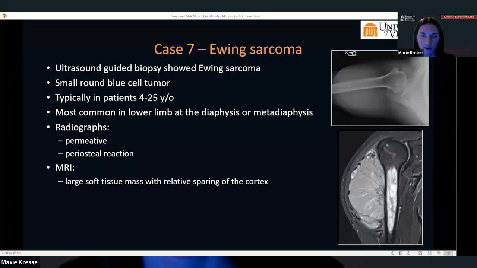So on the radiographs, you can see a permeative appearance or periosteal reaction. I think in retrospect, you can see that cortex is abnormal, but definitely not as abnormal as the MRI. And so if you see this large soft tissue mass with relative sparing of the cortex, think about these small round blue cell tumors like Ewing's or lymphoma.